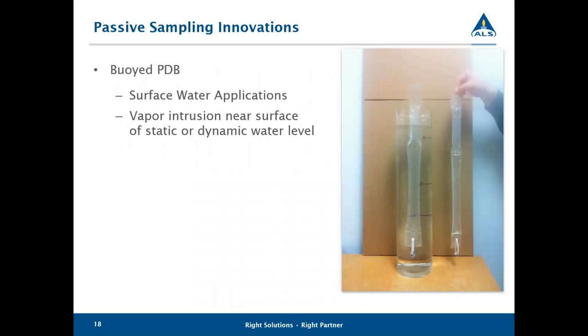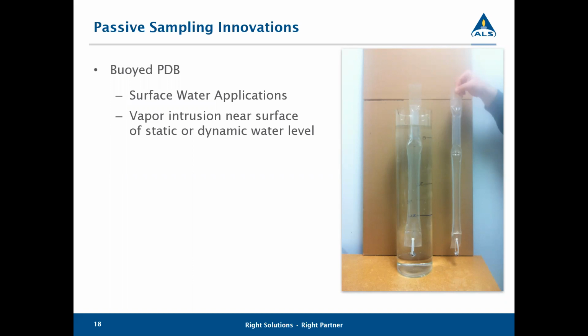There's still some innovation going on in this category as well. This buoyed passive diffusion bag, I think, is a pretty cool application of how these can be used for surface water applications. It's designed all the same as a regular passive diffusion bag.